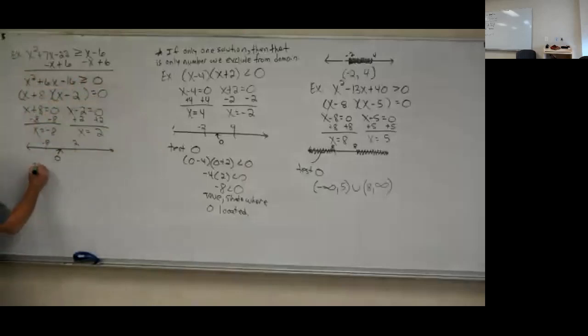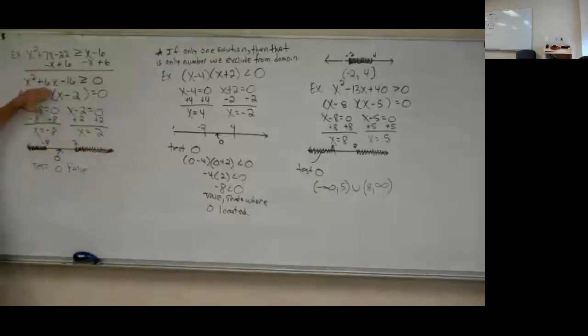So when we tested 0, we got false, which means we do not shade where 0 is because it was false. And we're going to shade the outsides. Now I'll take on another trick on this.